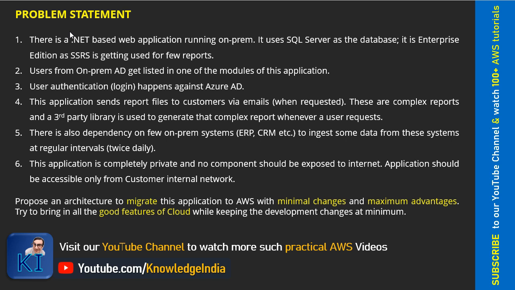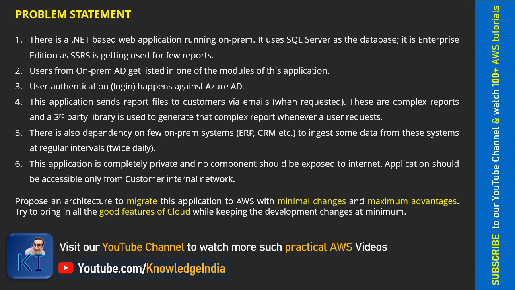So let us quickly go through the problem statement, and then let's start breaking it and solving it. It is a .NET based web application. As you can see, it uses SQL Server as the database. The version of SQL Server is Enterprise Edition. Why? Because it is also using some reporting, and that's why SSRS is getting used.